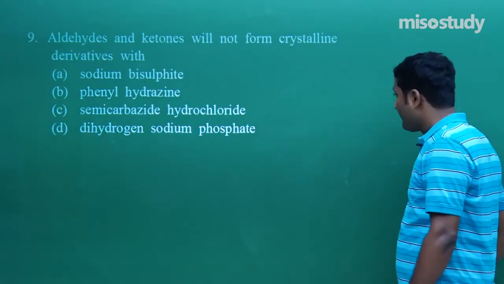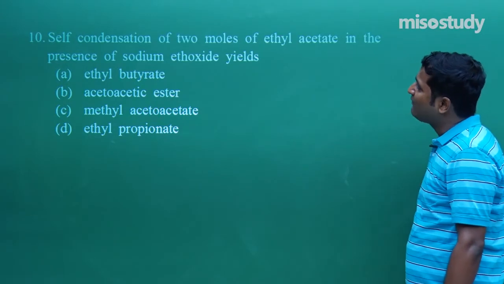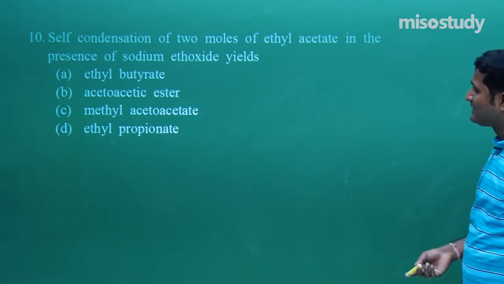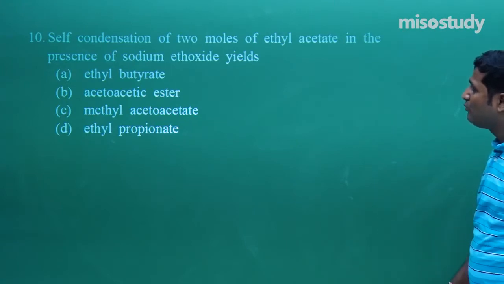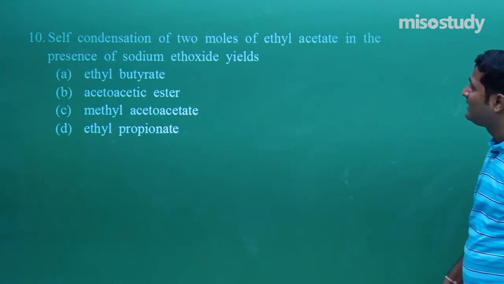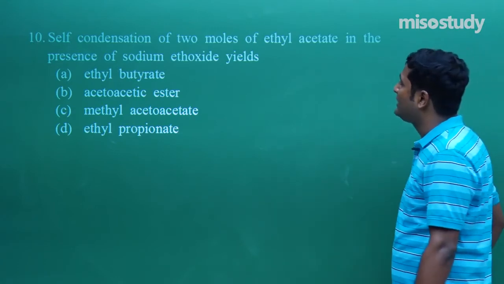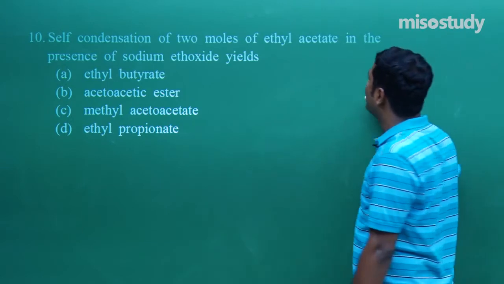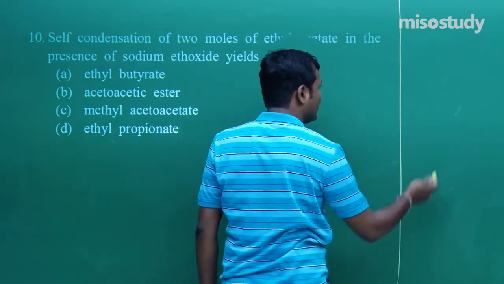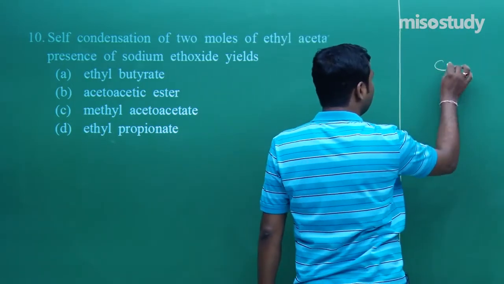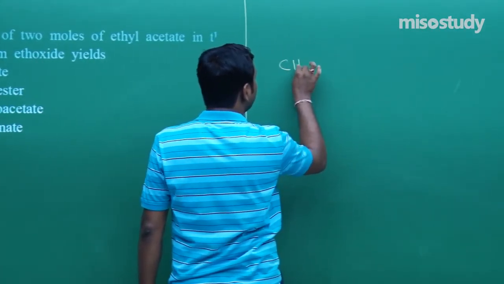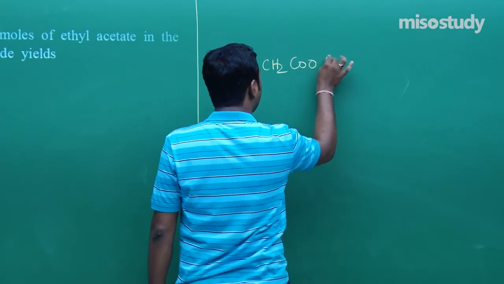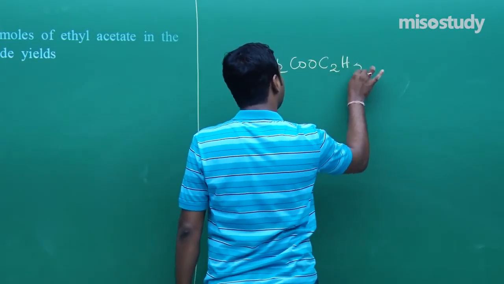Wait for a moment. Question number 10. Self-condensation of 2 moles of ethyl acetate in presence of sodium ethoxide gives you, it's very simple, self-condensation of ethyl acetate, that is CH3CH2COOC2H5.